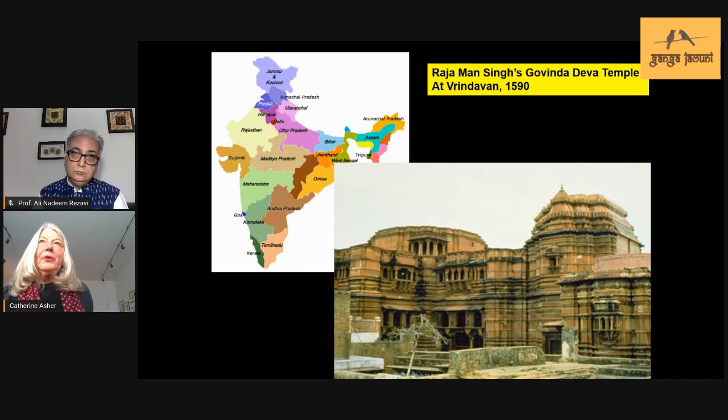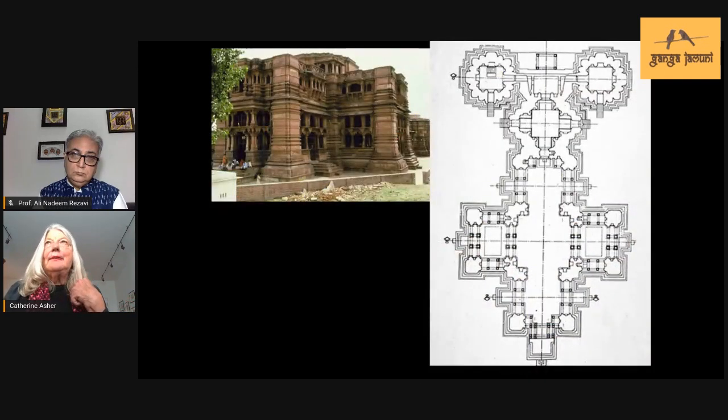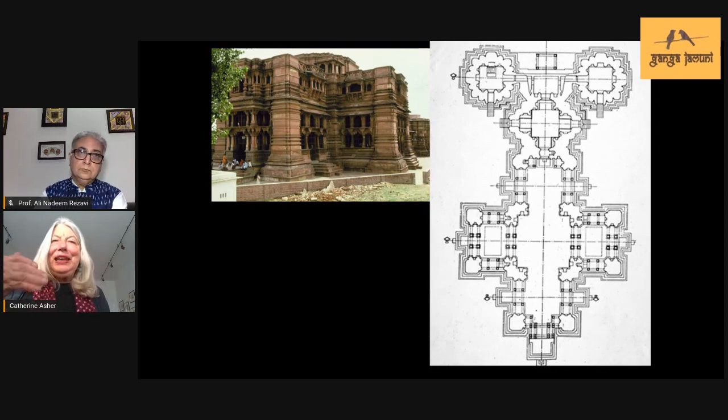This is a very old photograph, but you could not get this image today because of the encroachment around it. As you can see, it's built in the imperial Mughal red idiom of red sandstone.